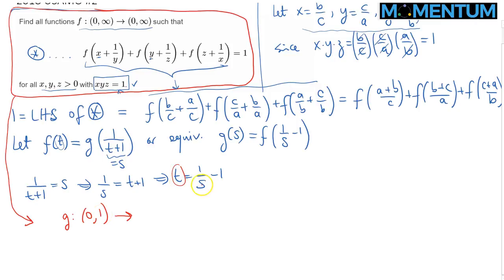So for instance, when t goes to 0, we have 1 over 0 plus 1, which is 1, and when t goes to infinity, we have 1 over infinity plus 1, which is 0. So therefore our new domain is (0, 1).